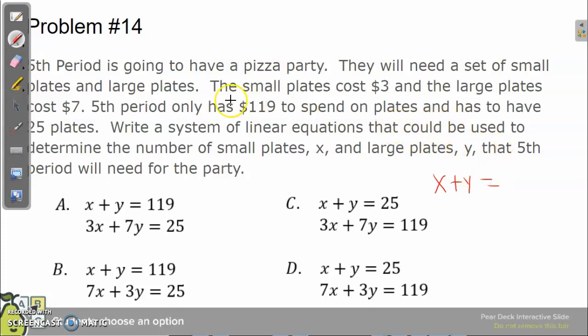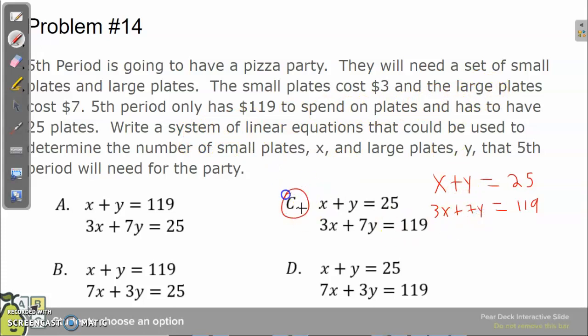They need 25. Now comes the money, how much they cost. We know they spent $119, and that means how much are the plates? The small plates are $3, so 3x. The y's are large plates, which are $7, so 7y.